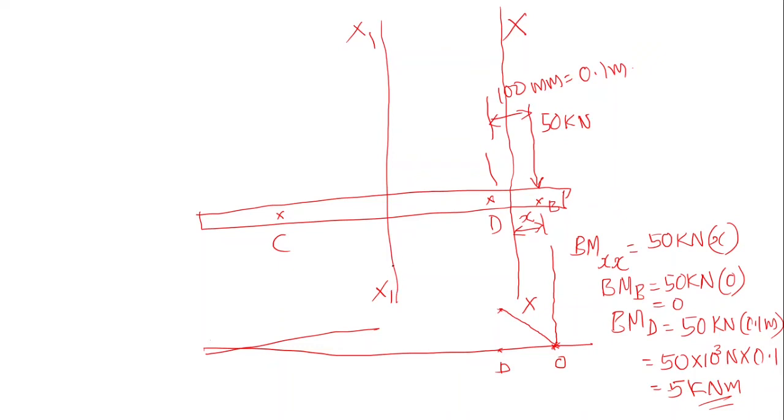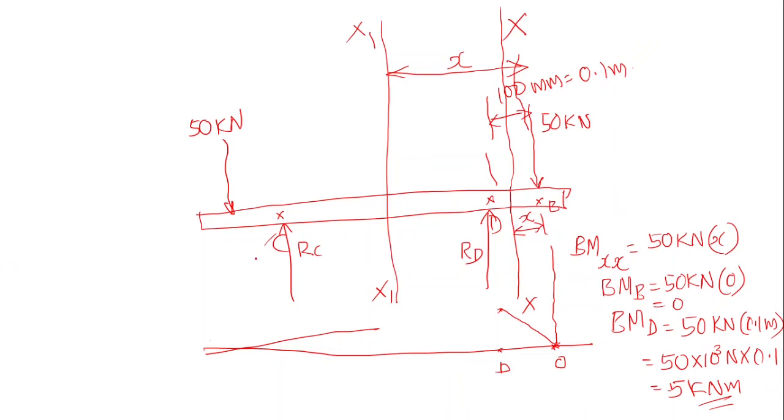Then at this particular section, while we consider the section x1, we can treat this complete length as x, and we can calculate the bending moment at various positions between the point C and D. Here again another force of 50 kilonewton is acting at this particular point, and there are reactions at C and D, RC and RD.